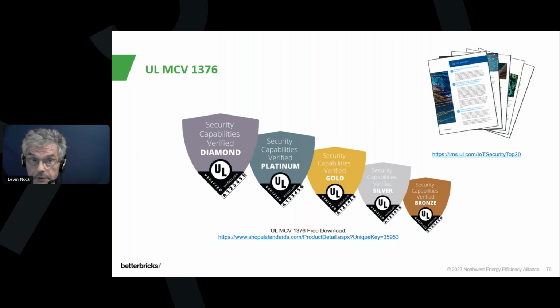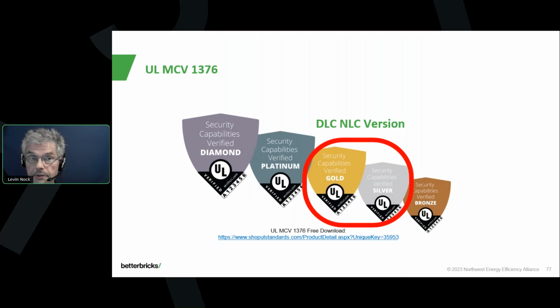The other most popular certification for NLC products on our list is the UL MCV 1376 service offered by UL. Similar to IOXT, this certification is harmonized with various guidelines and can be tailored to fit a wide variety of product uses. UL has developed a compliance profile specifically for DLC qualified network lighting controls that uses a combination of the silver and gold level requirements.